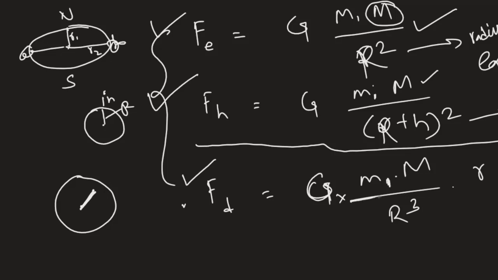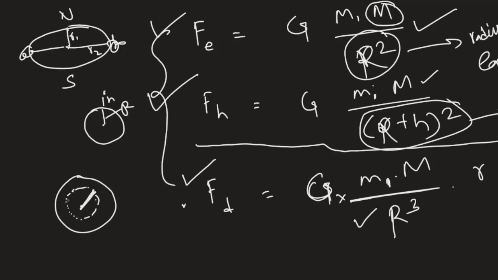divided by R cubed. Here you can notice that it is R squared in both these formulas, but over here we have R cubed. The reason we have R cubed here is because when we go deep into the Earth, the mass is changing, and the mass of a sphere is directly proportional to the cube of the radius, and that's why we have R cubed over here.